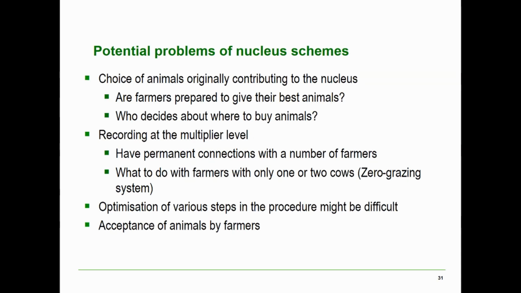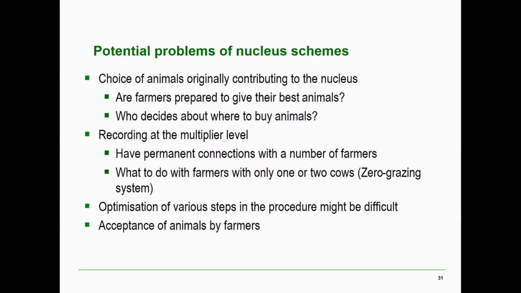If somebody comes to you and says, give me your best source of income, then maybe you are hesitant to do so. Also, there is a question if the animals are sold or just rented out, so they are kept on the nucleus farm. And also there is a question of what to buy and where to buy and all these things that might result in a situation that you do not have the best animals that you could have in the herd.